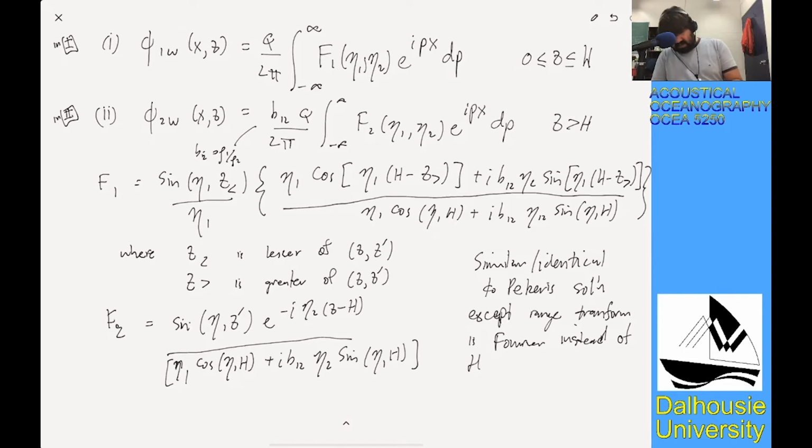And so you can imagine what that might look like. Instead of having some exponentials, you're going to have some Hankel functions that are going to asymptote to exponentials.